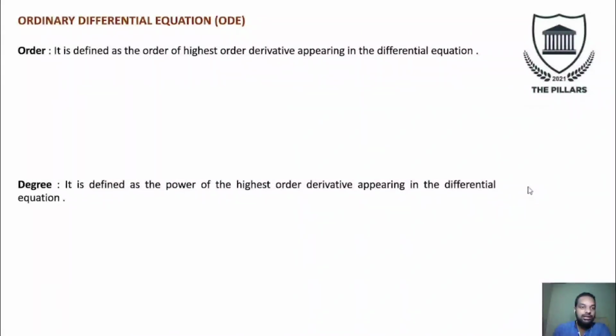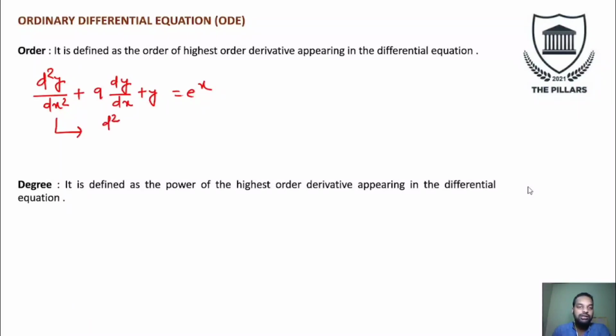Let's see this example: d²y/dx² plus 9 dy/dx plus y equals e^x. Like I said, we have to find the highest order derivative term.